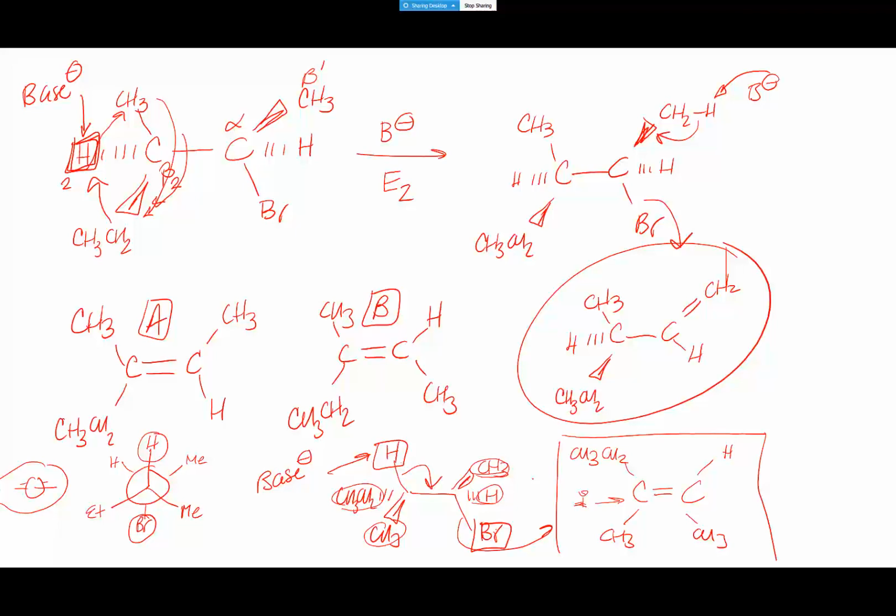So to do E2, if you have a molecule like this where I've shown stereochemistry, or if they show you stereochemistry like this in the book, you've got to put the hydrogen anti-periplanar to the bromine.